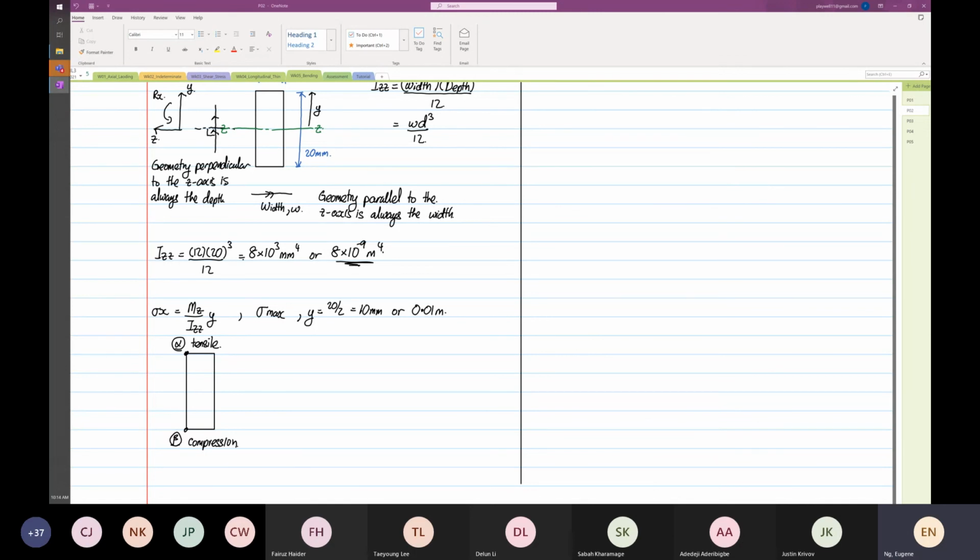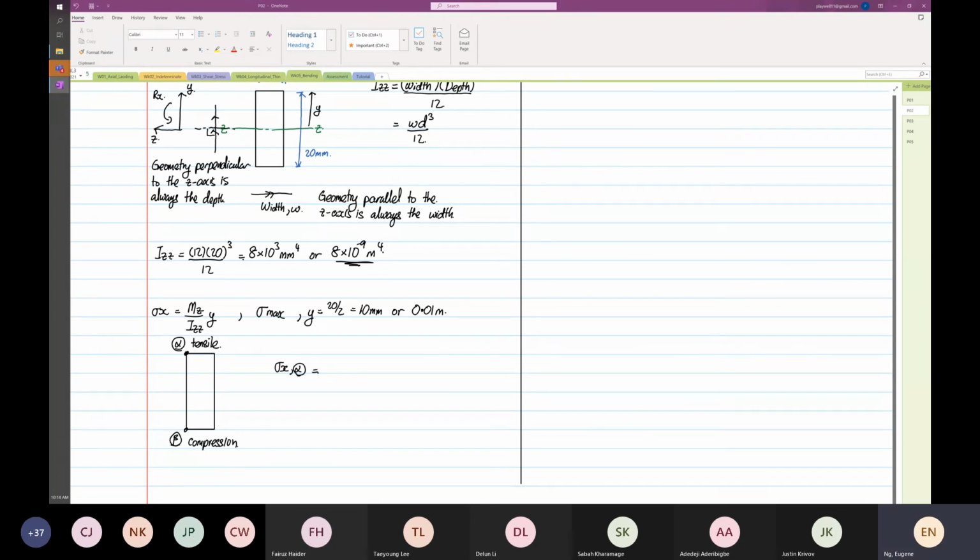Because we already analyzed it, we know alpha is in tension. That's why you can ignore what we talked about initially, where you need to use stress x equal to minus My; you don't need that anymore. You use the moment vector to find that already. So now stress x we're going to find at alpha.